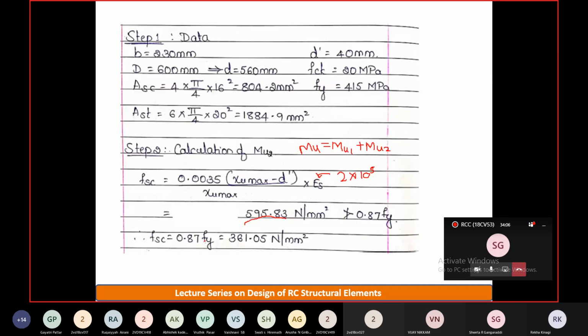So we are getting the minimum of these two values, and we are going to consider it as FSC, that is 361.05 Newton per mm square.